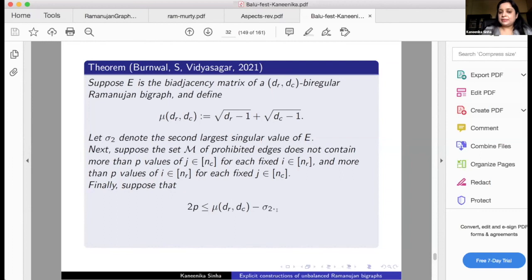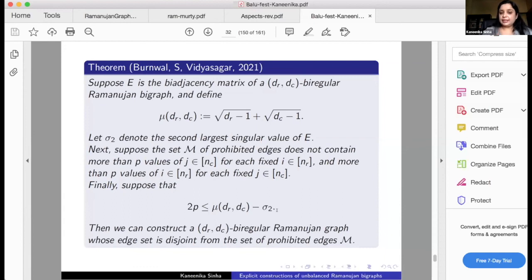And the same thing happens in the reverse direction for every fixed j in the vertex set V sub c. So if we have such a p, and in addition 2 times p is less than or equal to mu minus the second largest singular value, then we can construct a (dr, dc) biregular Ramanujan graph whose edge set is disjoint from the set of prohibited edges M.